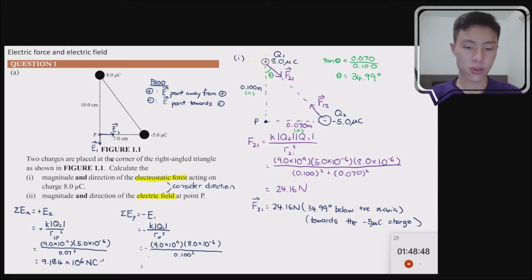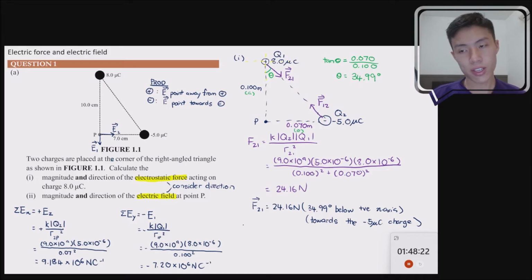So we can calculate this. This should be negative 7.20 times 10 to the power of 6 Newton per Coulomb.